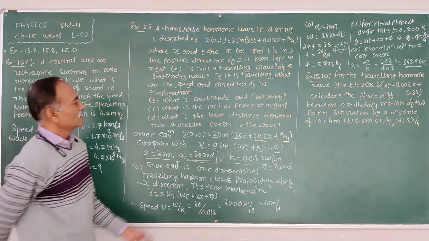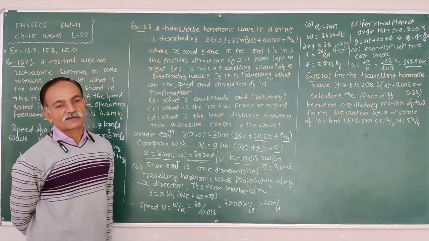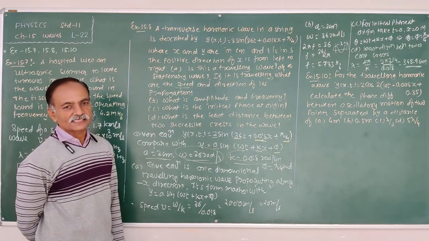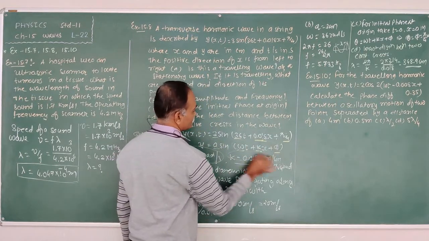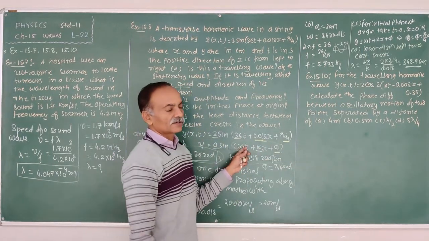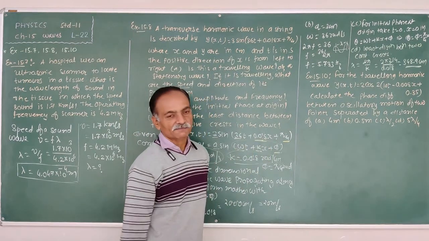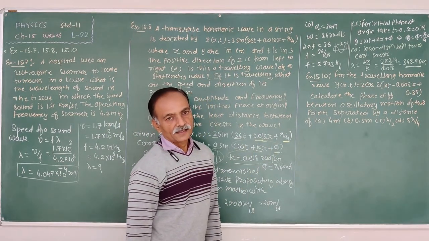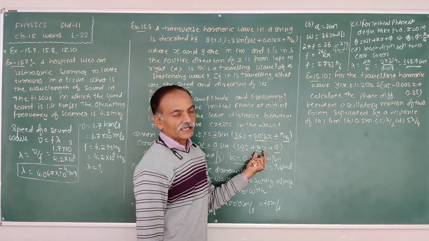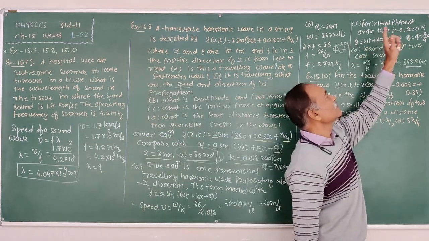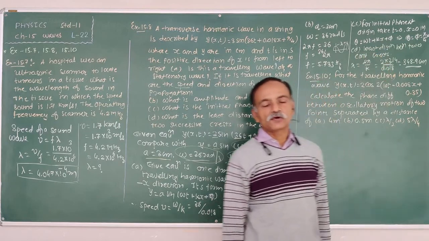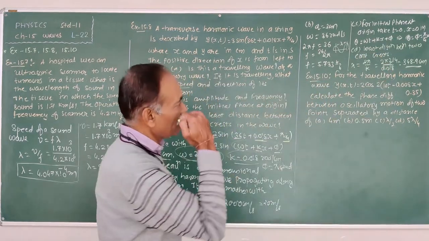Now next, what is the initial phase at origin? Equation of the phase, theta is equal to omega t plus kx plus phi. At origin and at initial position, take t is equal to 0, x is equal to 0 in theta is equal to omega t plus kx plus phi.